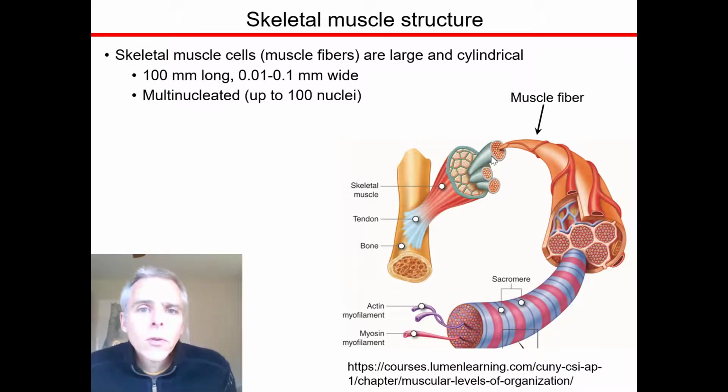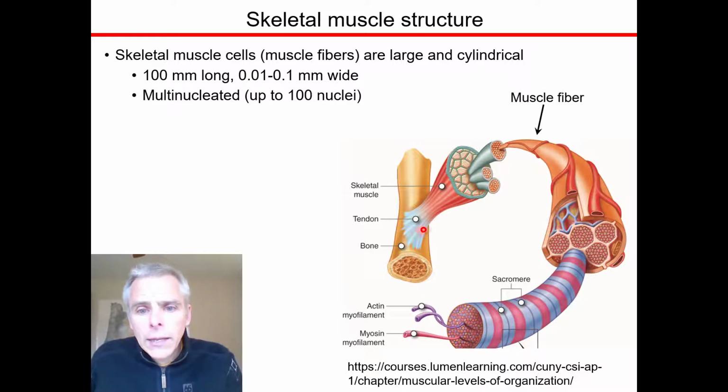I'm going to use skeletal muscles to demonstrate how the myosin motor proteins walk along actin filaments. But to do that, we need to understand the structure of skeletal muscles a little bit. So skeletal muscle cells, or muscle fibers, are large and cylindrical cells. If you look here at this major structure, we have the bone.